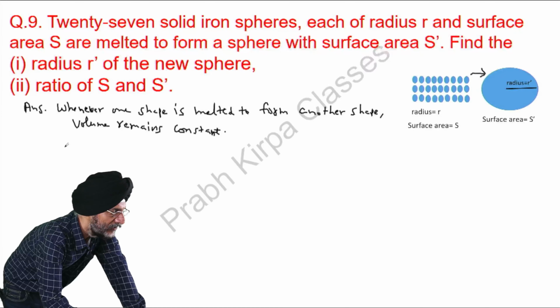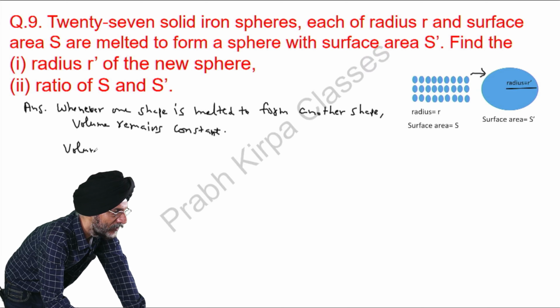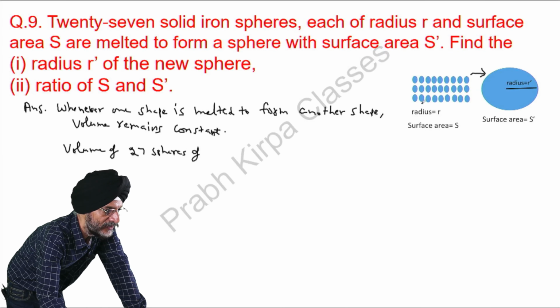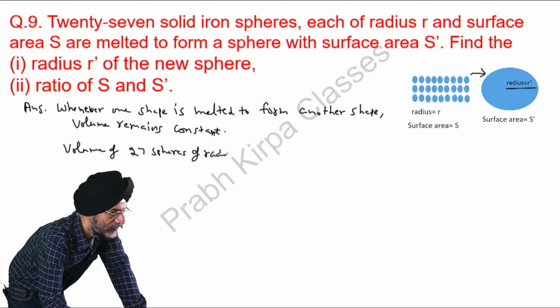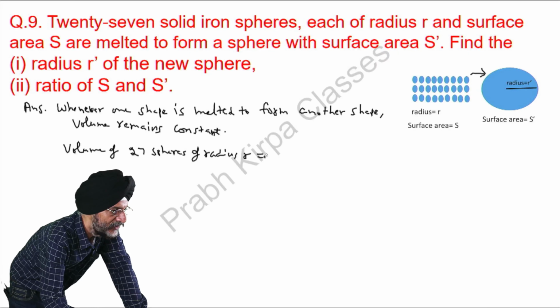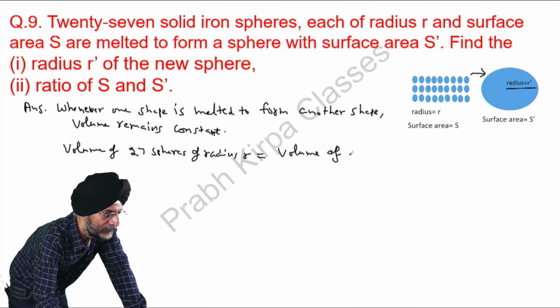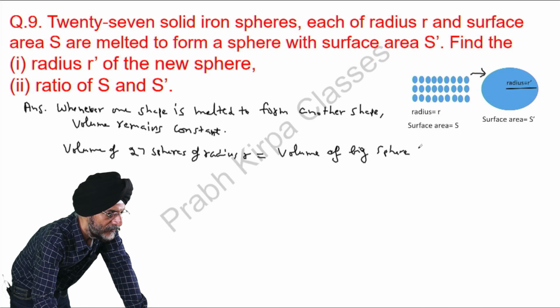So here the volume of 27 spheres of radius r is equal to the volume of this big sphere which has been formed, with radius r dash.